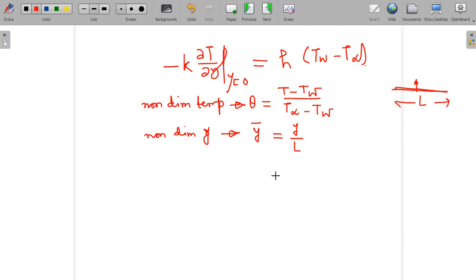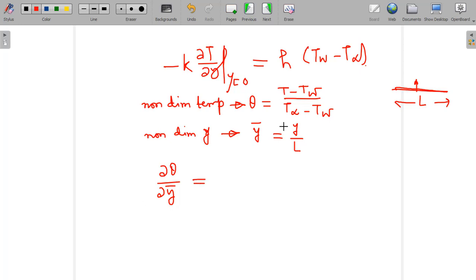If we do that, then in terms of theta and y bar, if you just express these quantities, then what is del T del y bar? So del theta del y bar, let us find out this quantity, del theta del y bar.